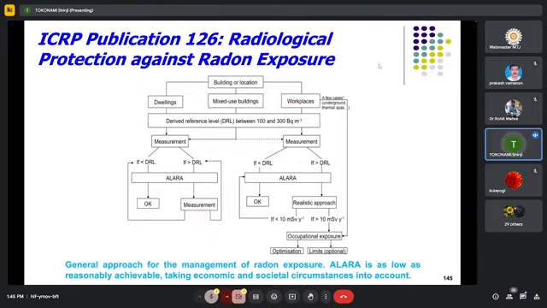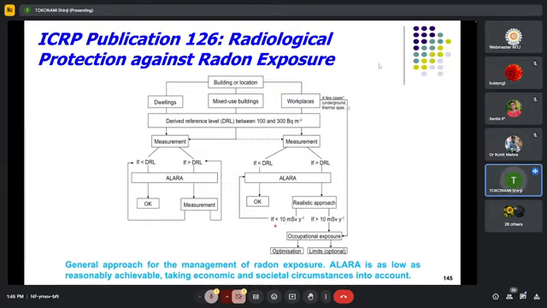In the case of workplaces, measurement: if the radon concentration is below the derived reference level, based on the ALARA, it will be okay. But if the radon concentration is above the derived reference level, we have to make a realistic approach based on the ALARA.